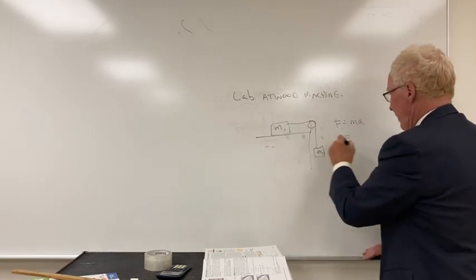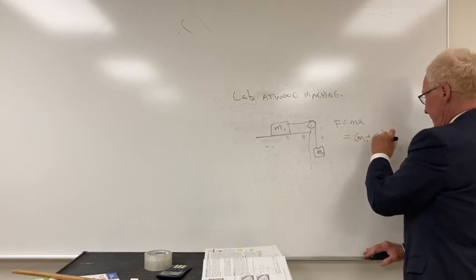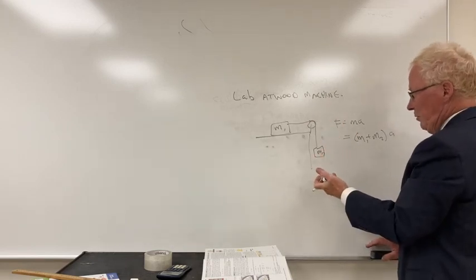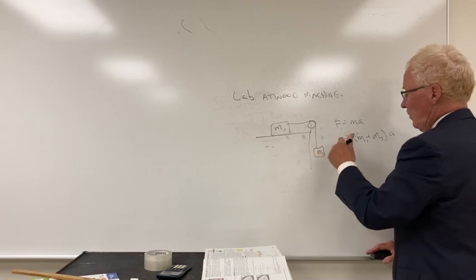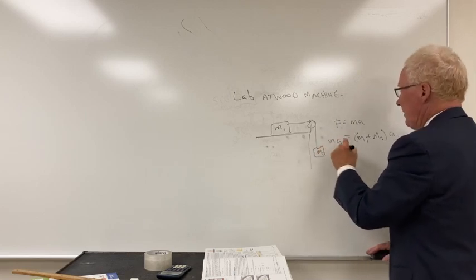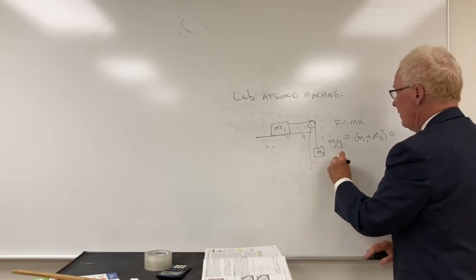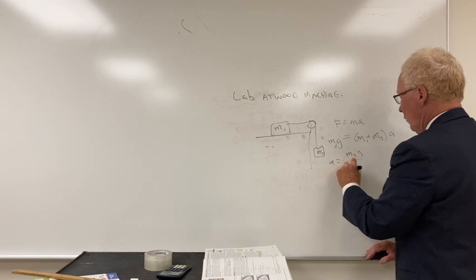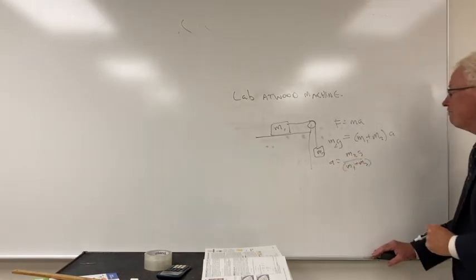Well, they're both together, so again, they're accelerating together. But what's the actual force? Well, the force is only due to gravity. The only thing pulling this down is M2. So the force pulling would be just M2 times g. And so a would be M2 times g over M1 plus M2, right?